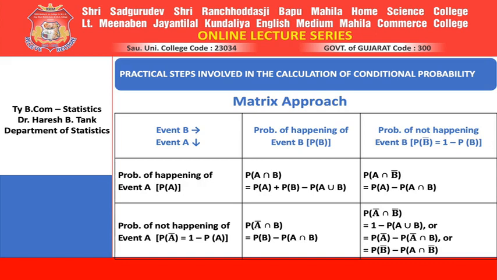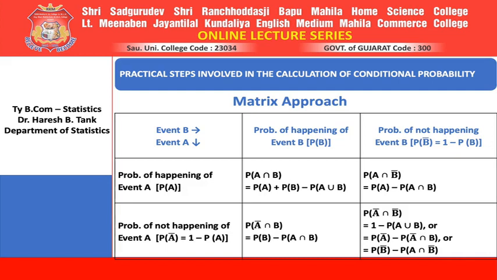The third point, probability of A complement intersection of B. This area is nothing but probability of B minus probability of A intersection of B. And the fourth area, probability of A complement intersection of B complement, can be found any one of these three different ways.